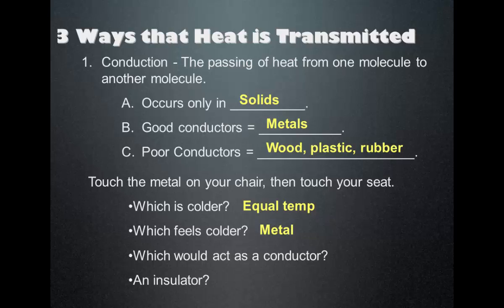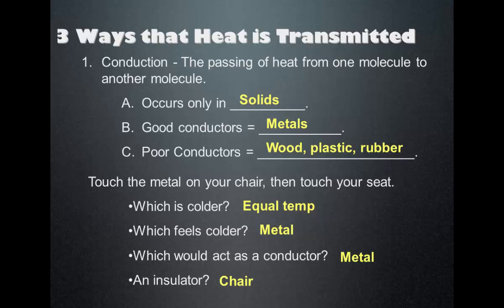And therefore, because the metal is a good conductor of heat, heat moves quickly from your hand into the chair. That's why it feels colder. Whereas the resin part is not a very good conductor of heat, so that heat transfer doesn't happen as quickly and doesn't feel as cold. But they're actually the same temperature. The metal is a conductor, and the chair part is the insulator.